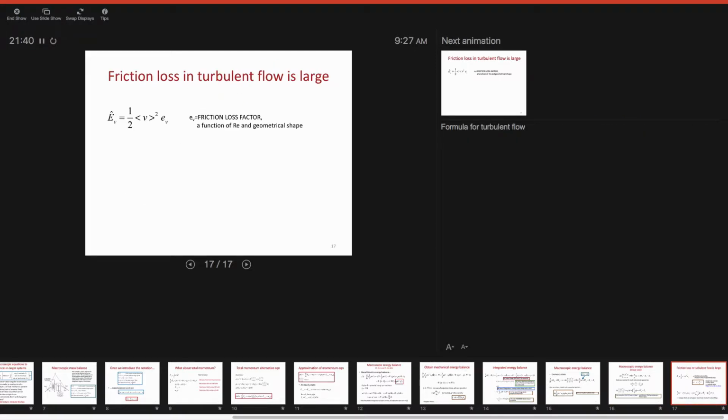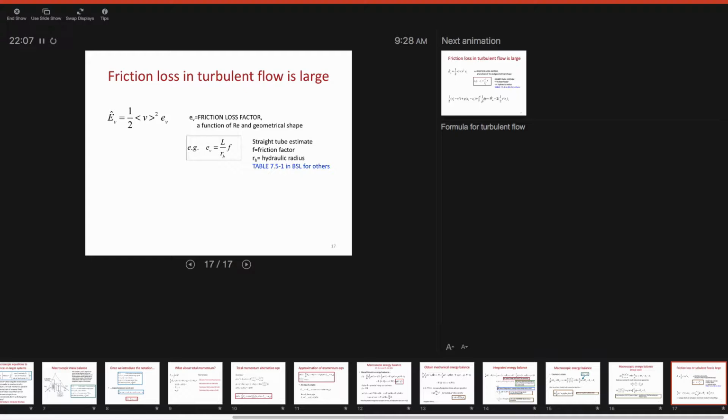All right. So in order to estimate all of these, I take the so-called friction loss factor, EV, and this is a factor that is based on both the geometrical shape and the Reynolds number, and there's a lot of measured data, so one goes to tables to estimate this term.